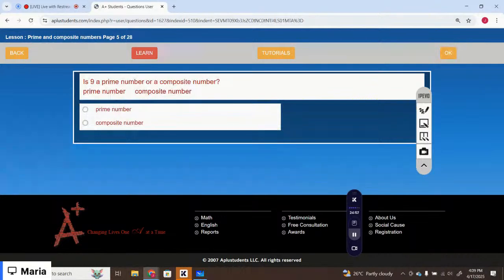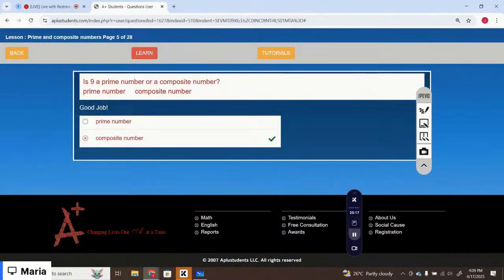Is 9 a prime number or a composite number? Nine is a composite number, not prime, right? Because 9 has more than two factors, so 9 is a composite number.